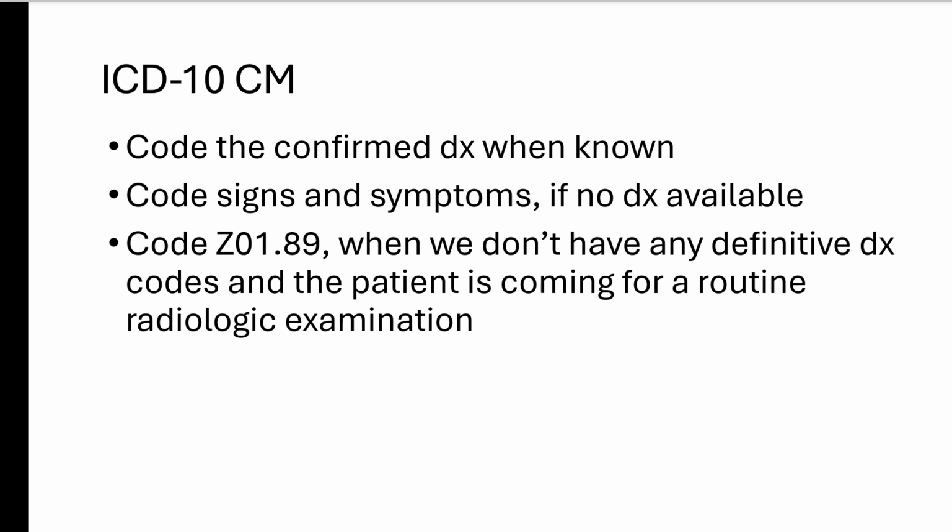For example, the patient is coming with knee pain. After taking the X-ray, the provider confirmed that there is a fracture in that location. So now we have to code the confirmed diagnosis, that is fracture. If it is not confirmed by the provider, then we should go with the knee pain.